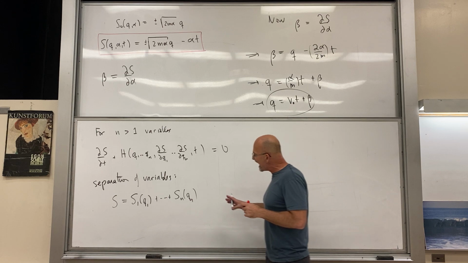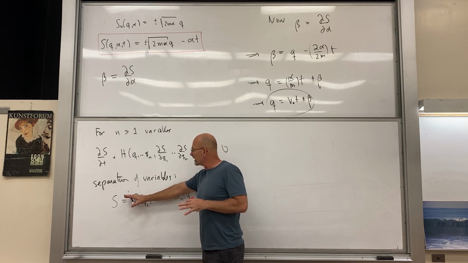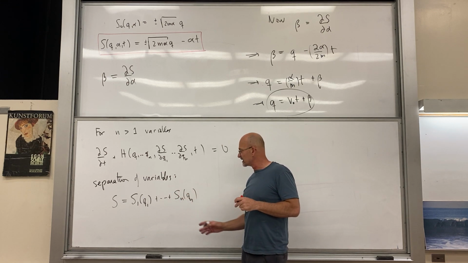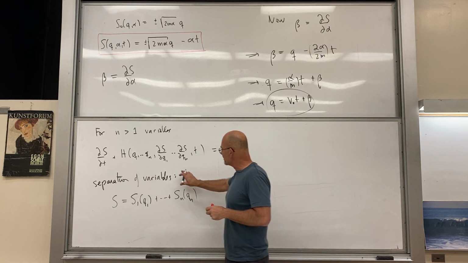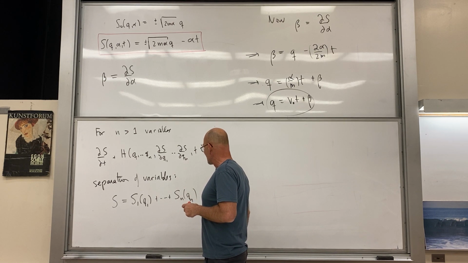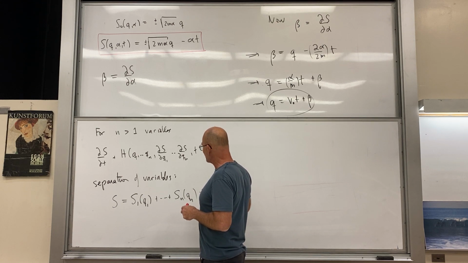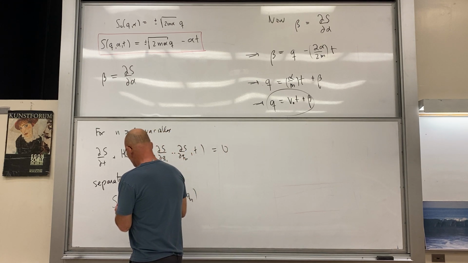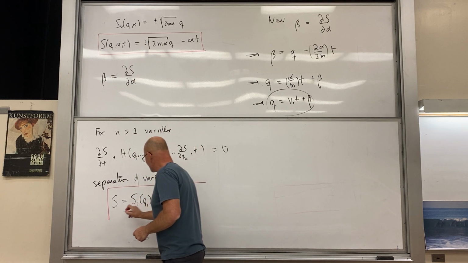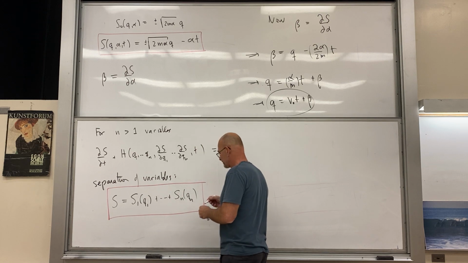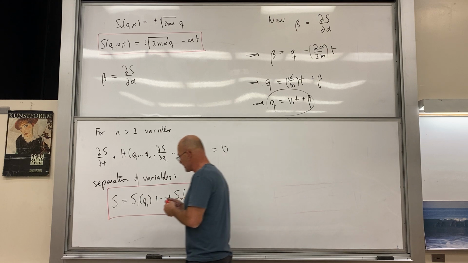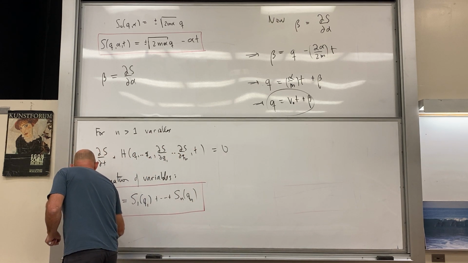And if we can do that, then the Hamilton-Jacobi equation will just reduce to some quadratures, and it will be solvable. So separation of variables takes on this form, and I'm going to give an example. And the other ingredient, so I'm going to number these here, is the example we just did.